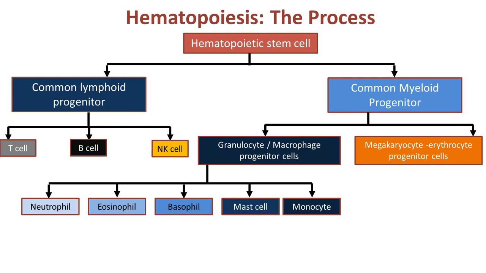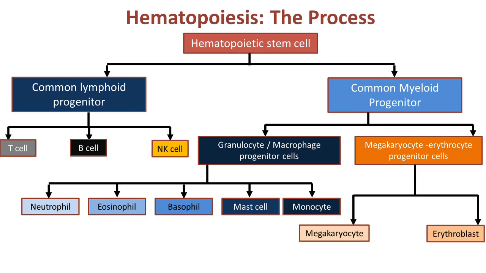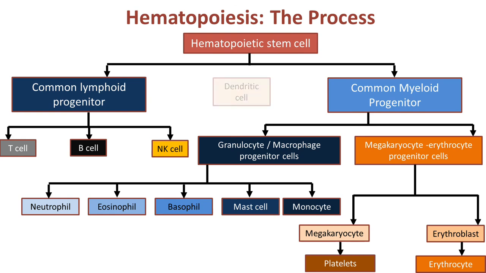While the megakaryocyte erythrocyte progenitor cell will give us the megakaryocyte and the erythroblast. The megakaryocyte will give us the platelets finally, and the erythroblast gives us the erythrocyte, or in other words, the RBC.